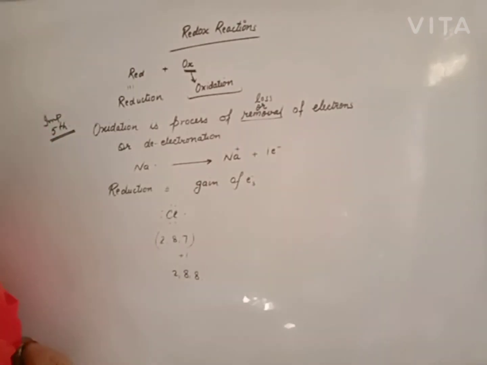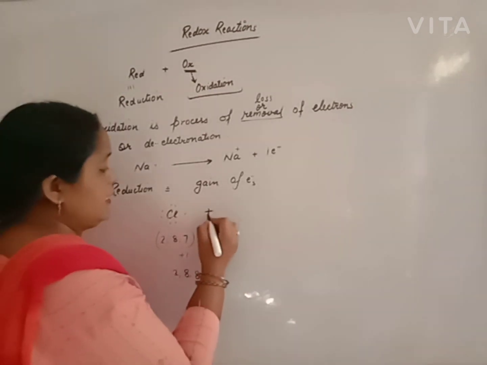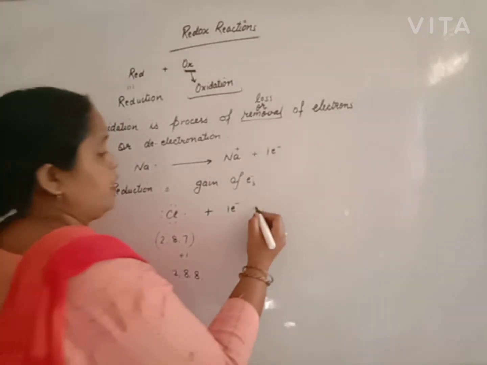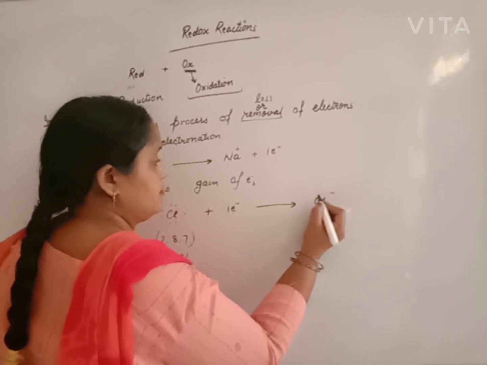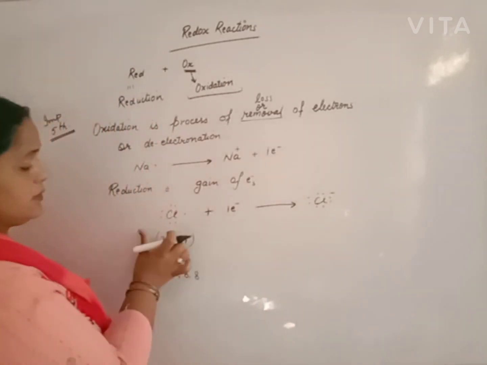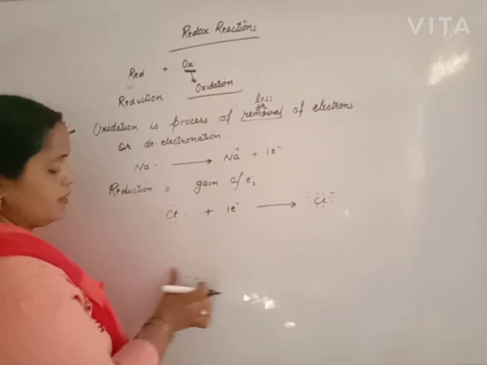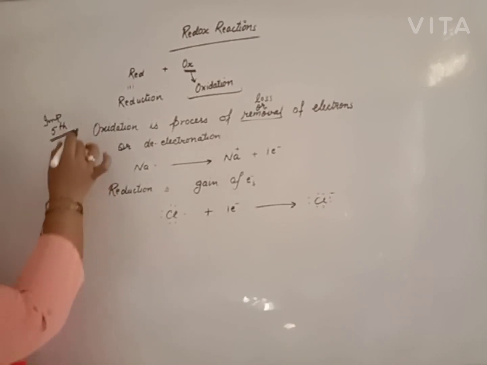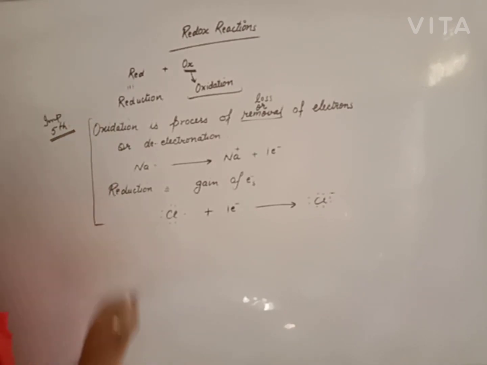Which one is easy, loss of 7 electrons or gain of 1 electron? Answer: gain of 1 electron. That means this chlorine gains 1 electron from its surroundings and becomes stable. This is known as reduction. This one is an important definition. You will use this definition a number of times.